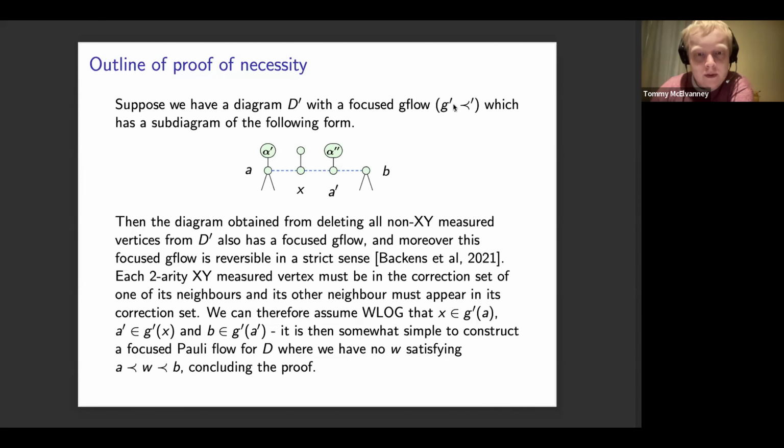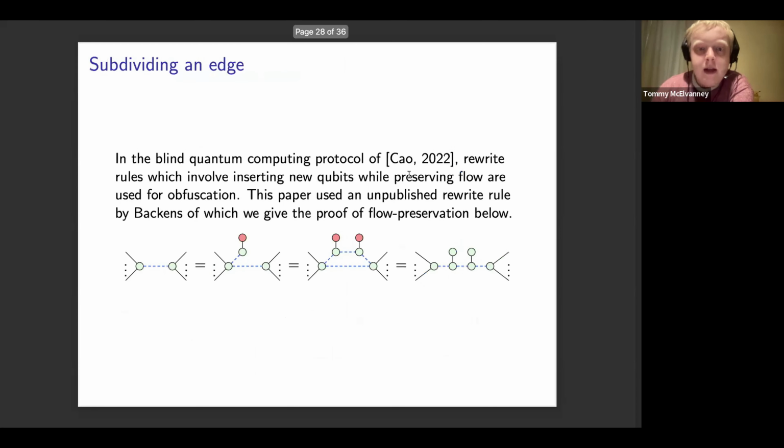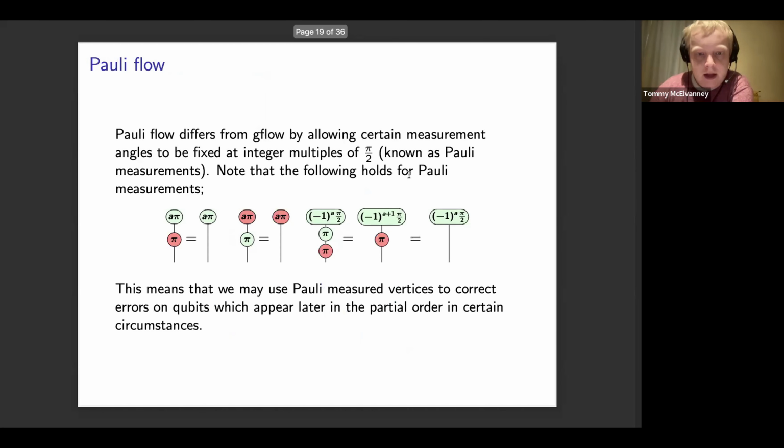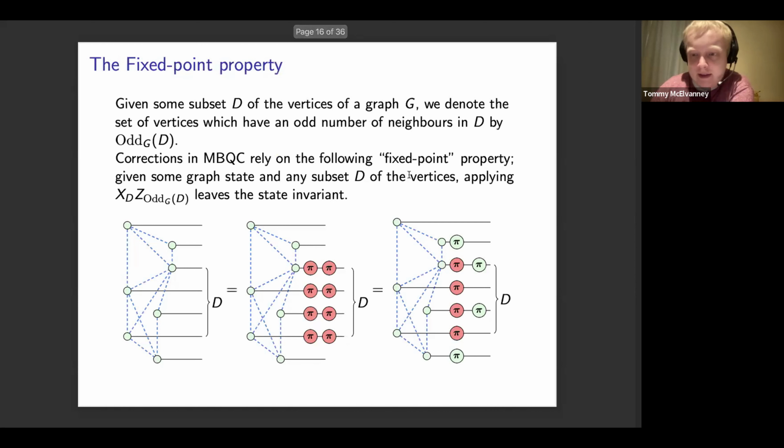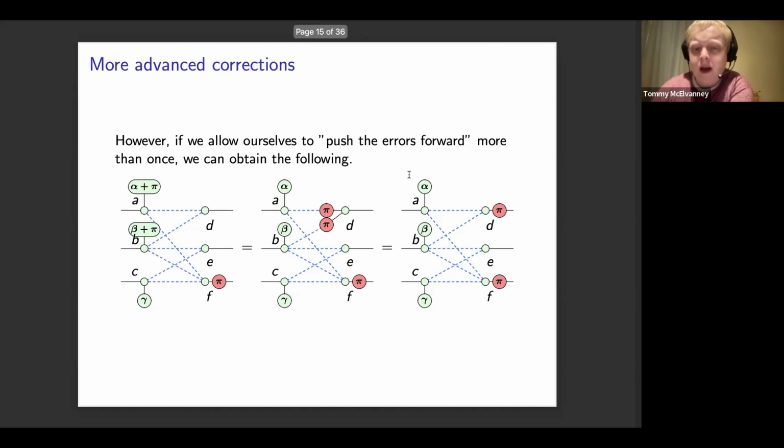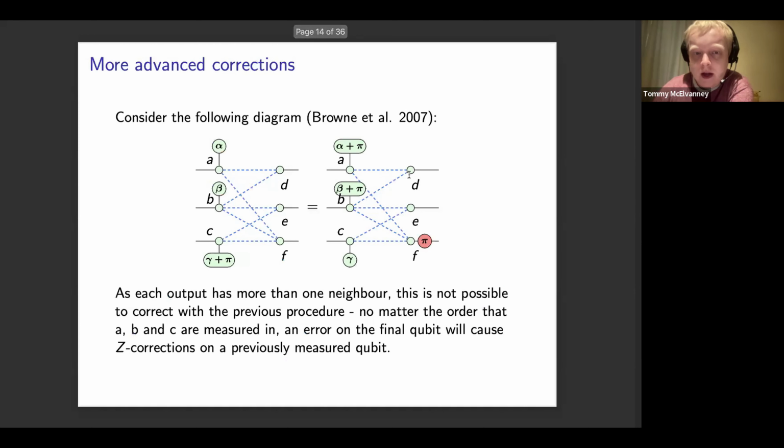Sure. So I guess it mainly is you will have some predetermined notion of where you want things, as long as you construct some kind of order in which you want the qubits to be measured.